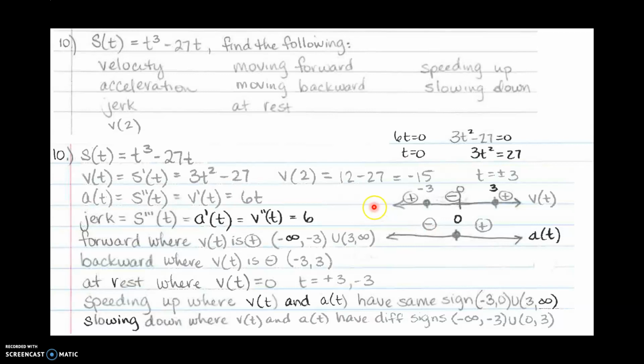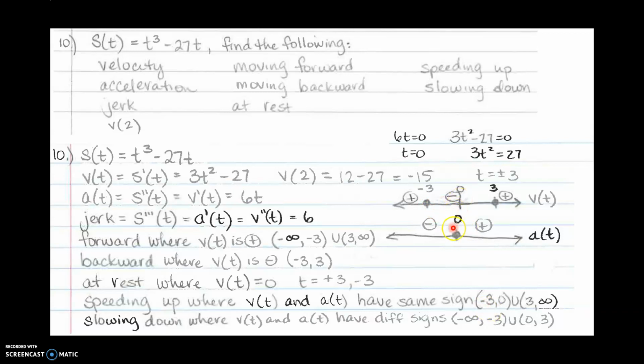All right, so if you'll notice, from -infinity to -3, this was positive and this was negative. Their signs were different. So from -infinity to -3, it's slowing down. Then from -3 to 0, this is negative and this is negative. So from -3 to 0, it's speeding up.